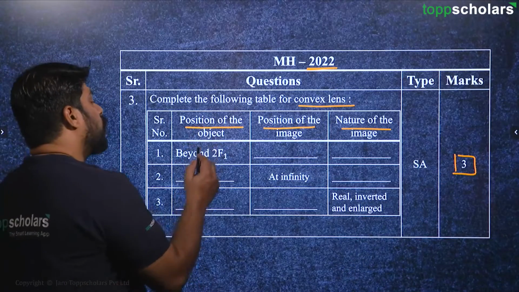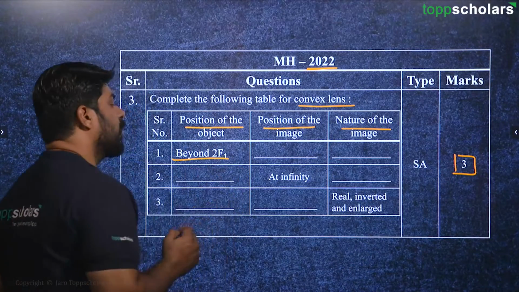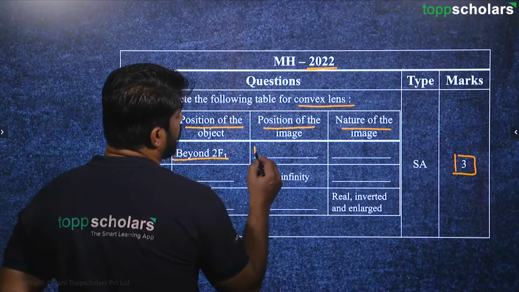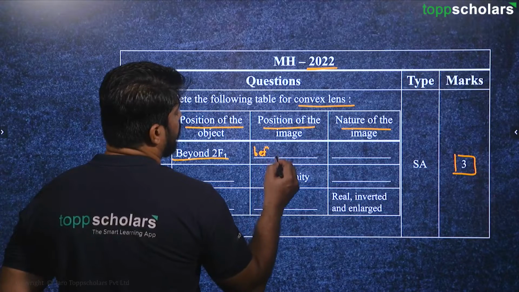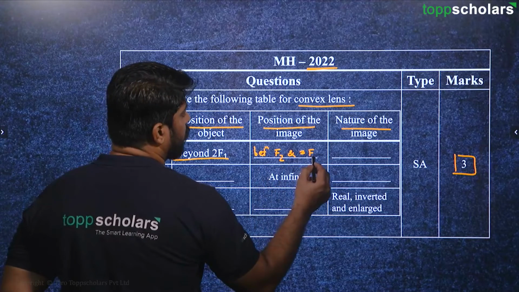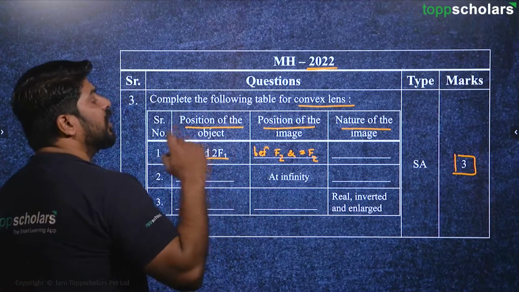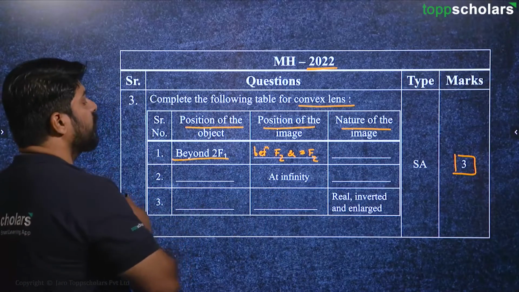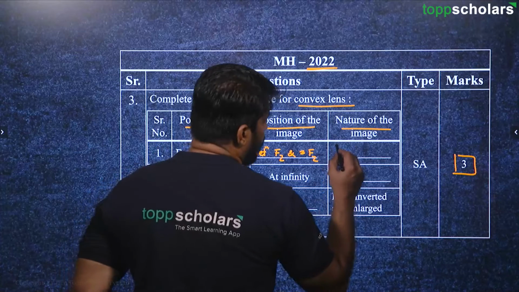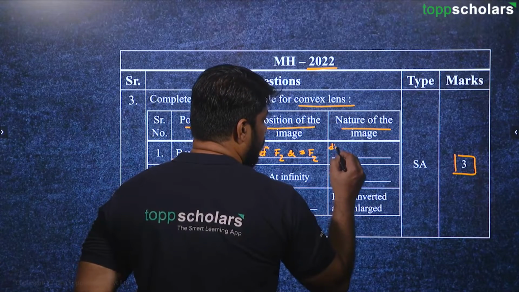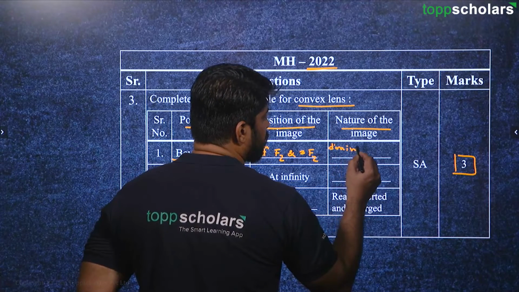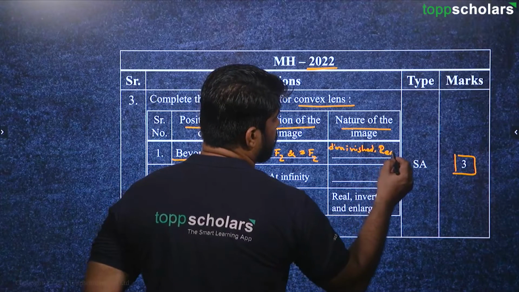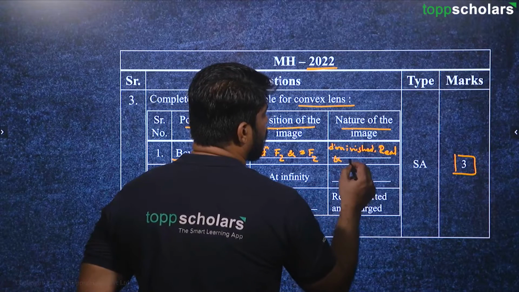Now, when the object is beyond 2F, then the image is formed between F2 and 2F2. Nature of the image: when it is beyond 2F, the image is diminished, real and inverted.